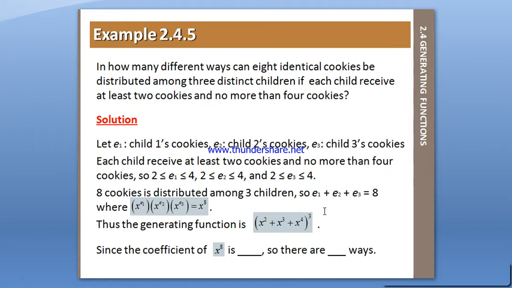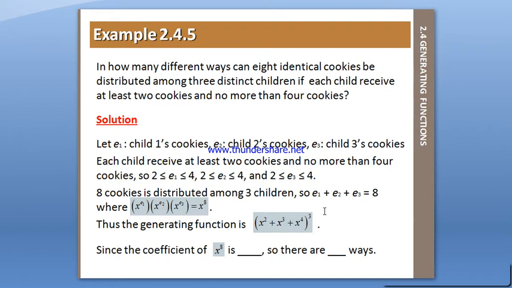To solve this using generating functions, let E1 represent child 1's cookies, E2 represent child 2's cookies, and E3 represent the third child's cookies. Since each child receives at least 2 and no more than 4 cookies, we have the constraints for E1, E2, E3, all from 2 up to 4. Now 8 cookies are to be distributed among 3 children, so we have the corresponding equation E1 plus E2 plus E3 equal to 8.